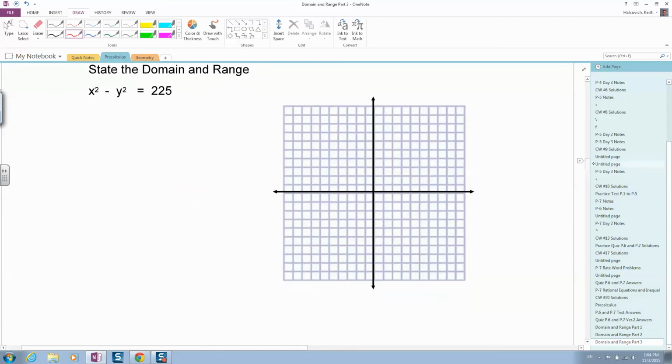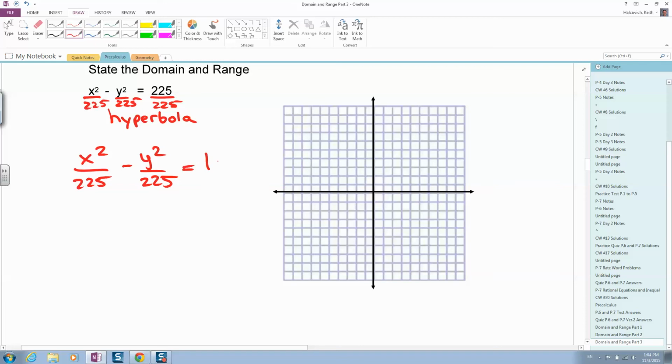Alright, so the next one we look at, we should notice since it's minus, it is a hyperbola. So if it's a hyperbola, we actually need to divide by the number here to get it equal to 1. So we have x squared over 225 minus y squared over 225 is equal to 1.